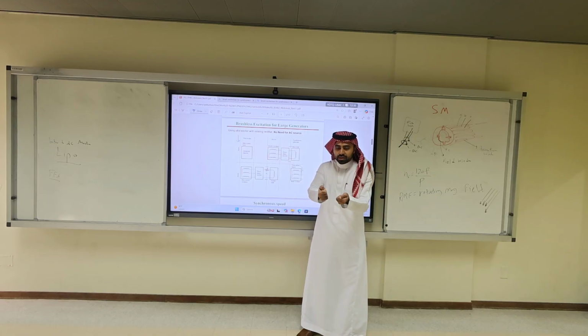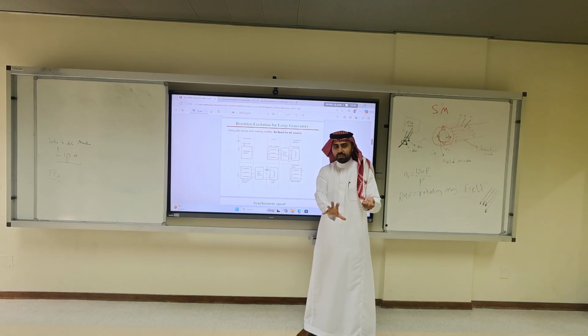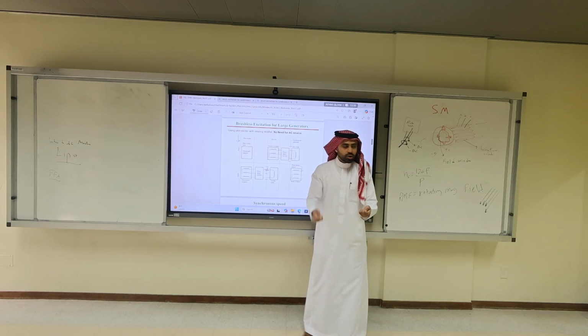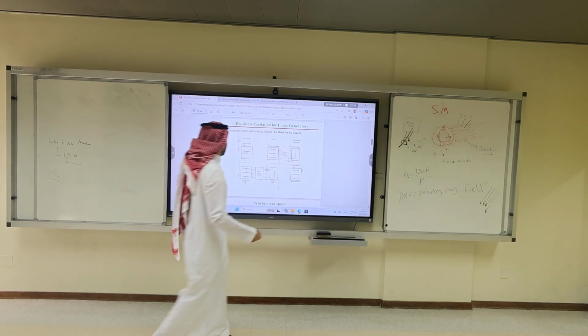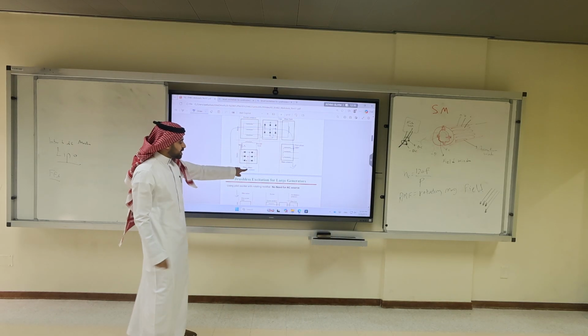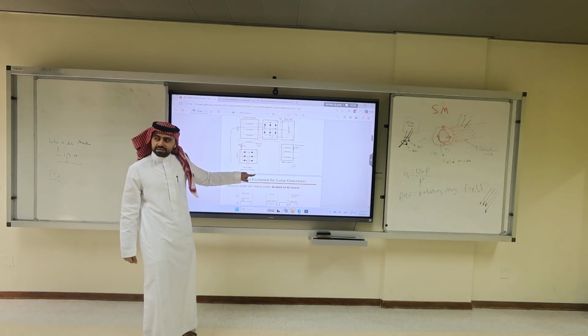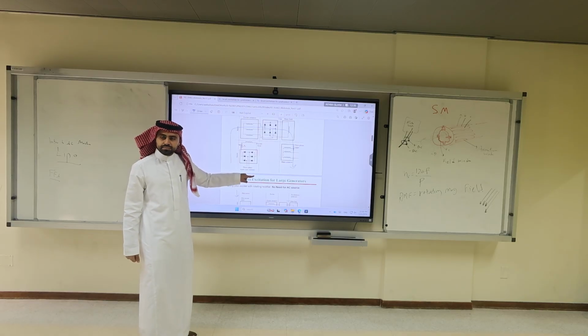A group of windings, we put them on the stator so that when I rotate the permanent magnet, the small permanent magnet exciter, they induce a small AC. So now I reach here. I now have low current three-phase.